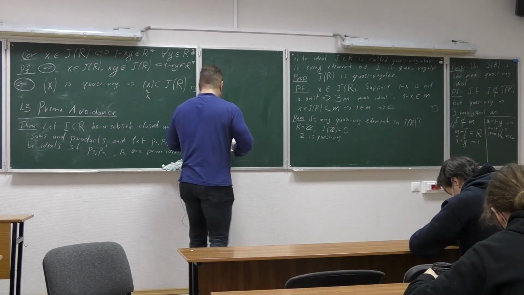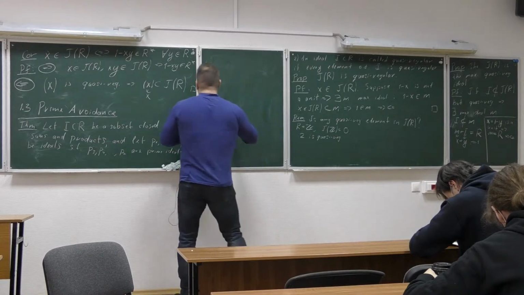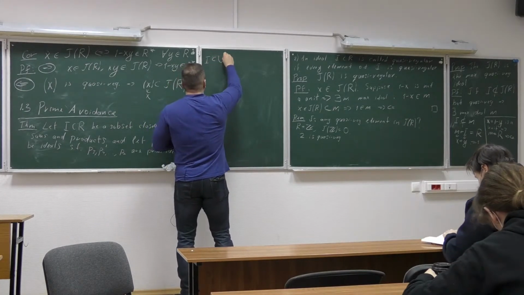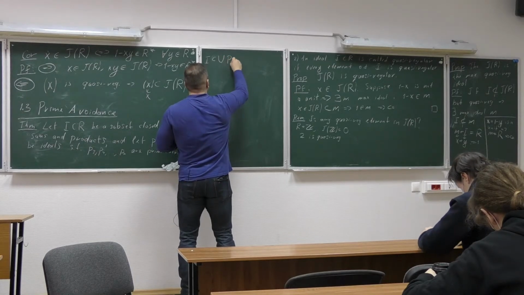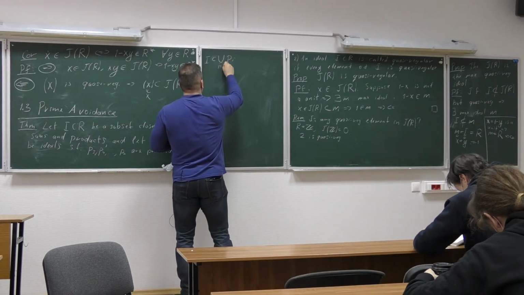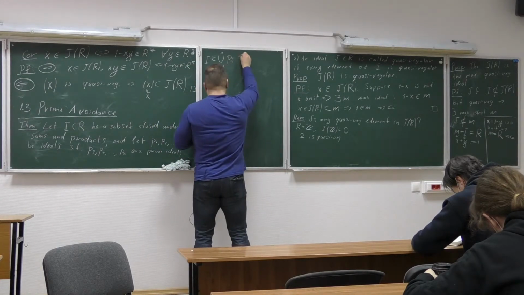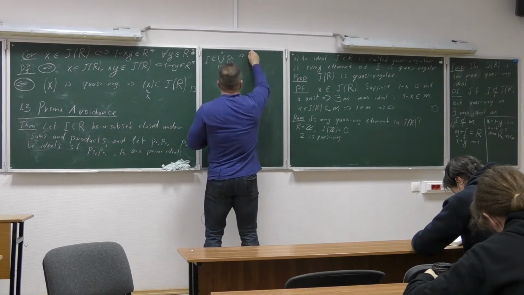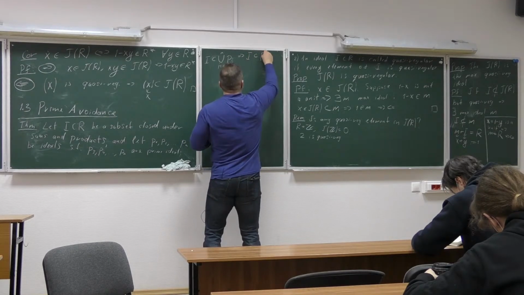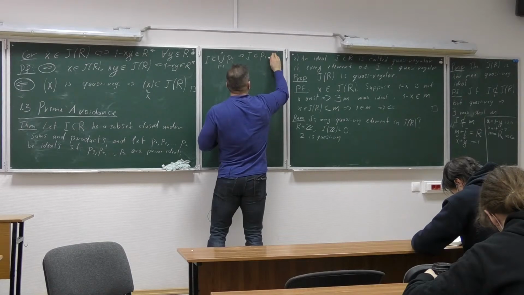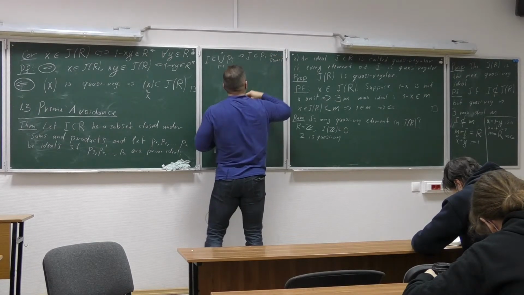Okay, under these two assumptions I have the following. If I sits inside the union of all Pi's, then I sits inside one of these Pi's, for some index i.